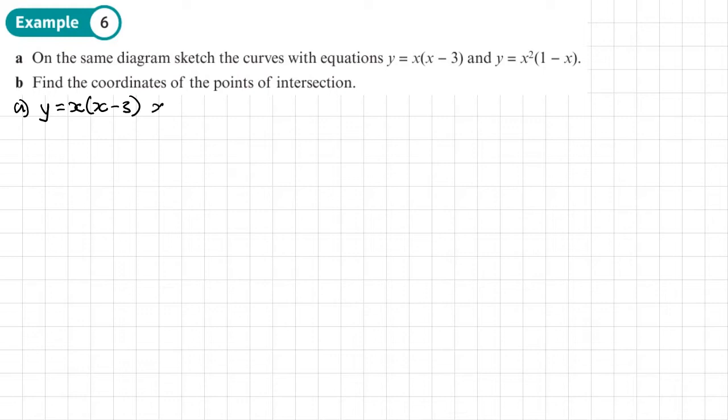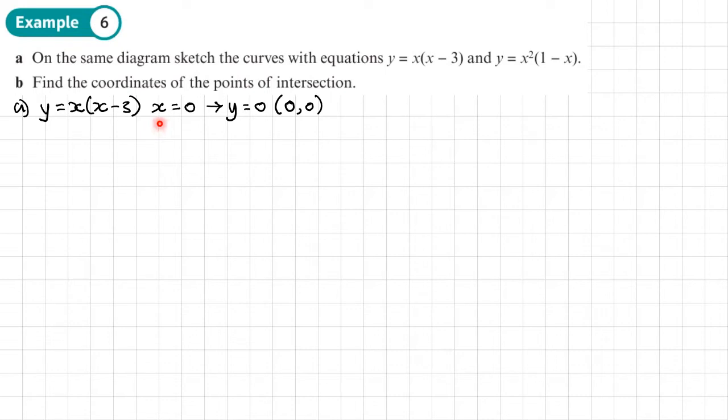Okay, so let's make x equal to 0 and find out what y is. So when x equals 0, I'll have 0 here, and anything times 0 is going to be 0. So y equals 0, so I know that's going to be one coordinate.